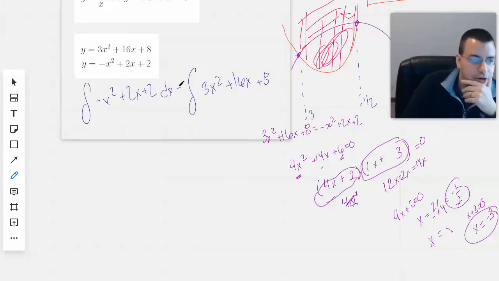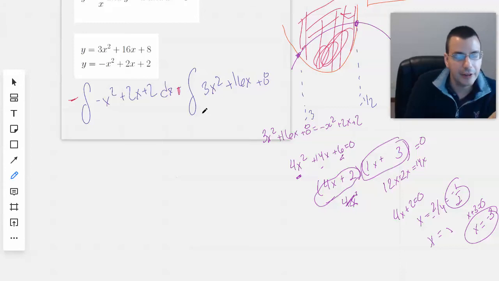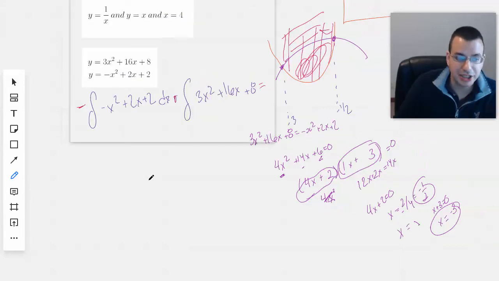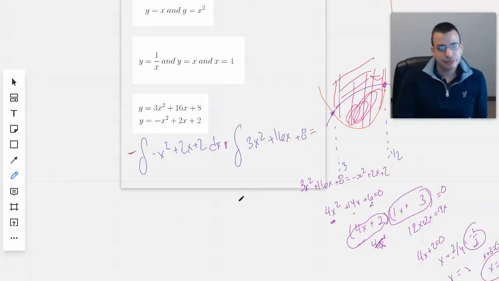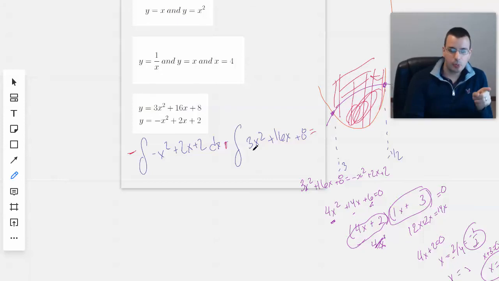So I'll do a plus here, negative there, and then we'll set this equal to, combining or subtracting them, we'll do this area, which is 3x squared plus 16x plus 8 minus negative x squared plus 2x plus 2.